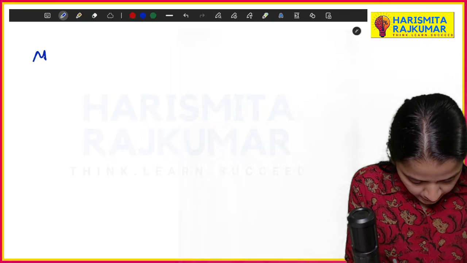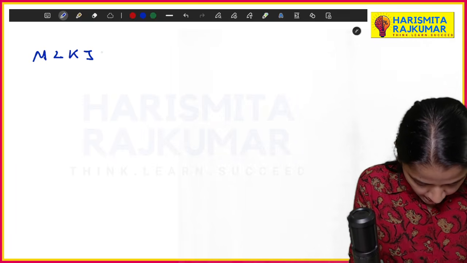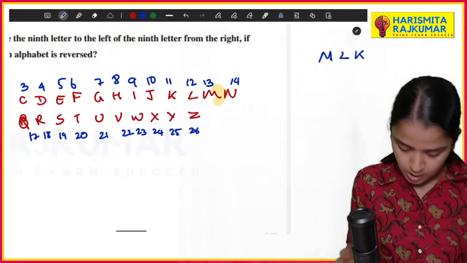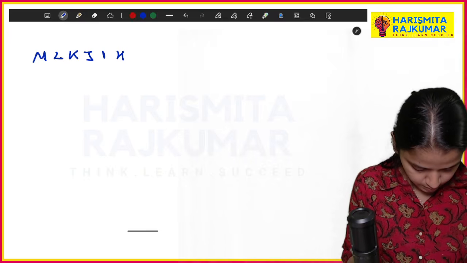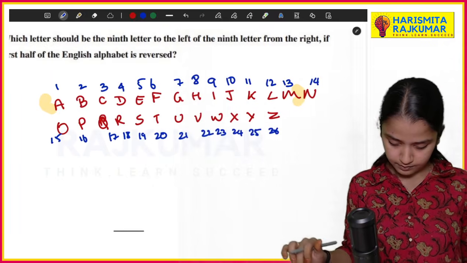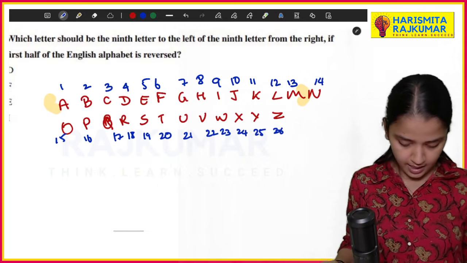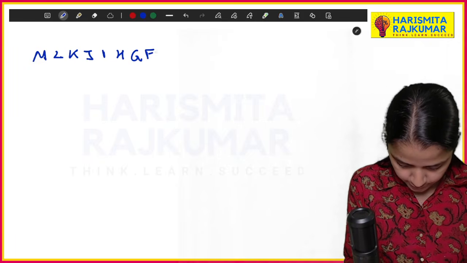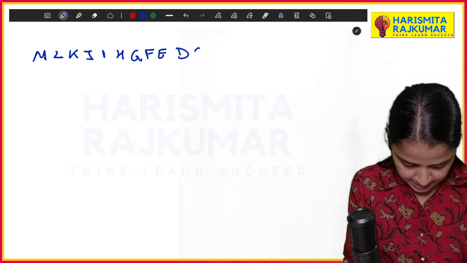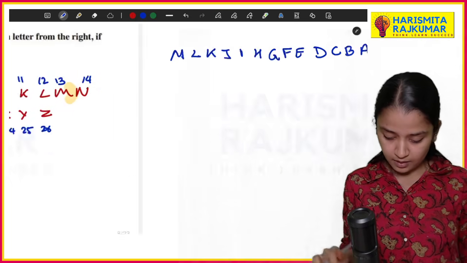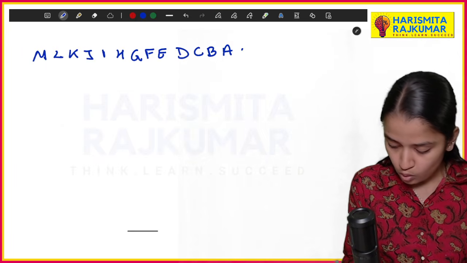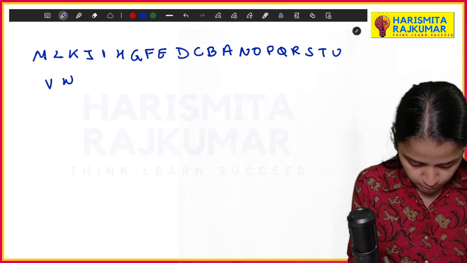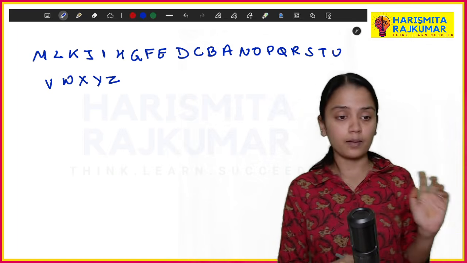So it will be M, L, K, J, I, H, G, F, E, D, C, B, A. Then comes N, O, P, Q, R, S, T, U, V, W, X, Y, Z. So this is how the alphabet is arranged.